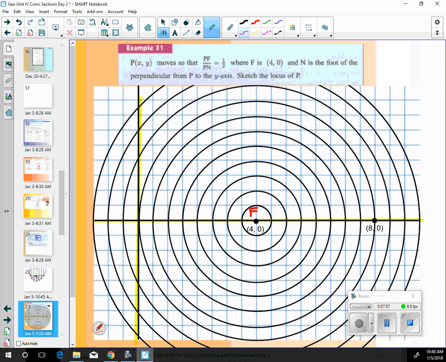And you're going to make some points here. So from F to the directrix, PF over PN is going to be 1/2. So if we go 1, 2, 3, 4, 5, 6, 7, 8, that isn't real helpful.